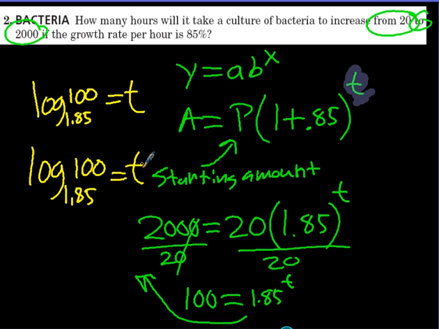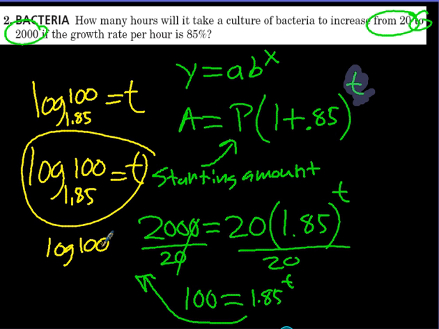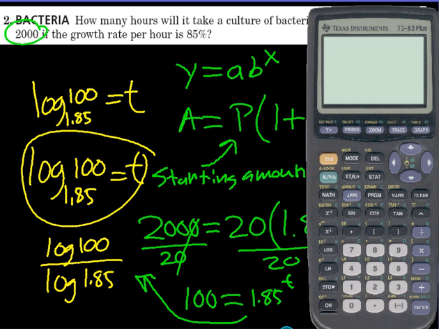Okay, so this is what I'm now going to solve. So I'm going to put log of 100 over log of 1.85, excuse me, into my calculator. Okay, so pretty quick.